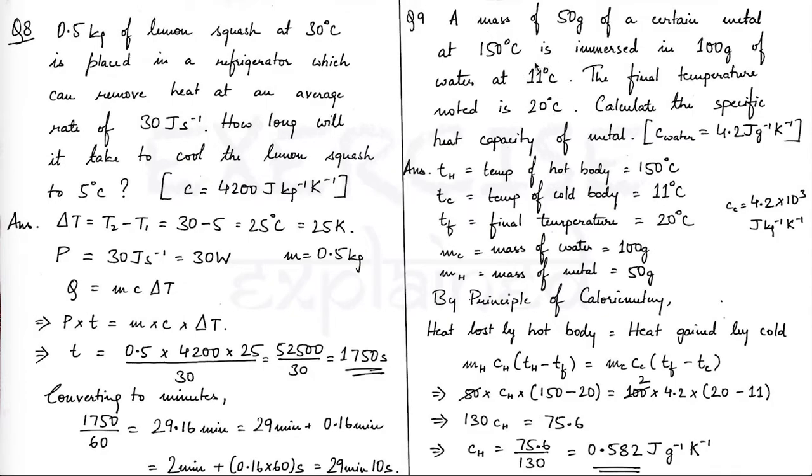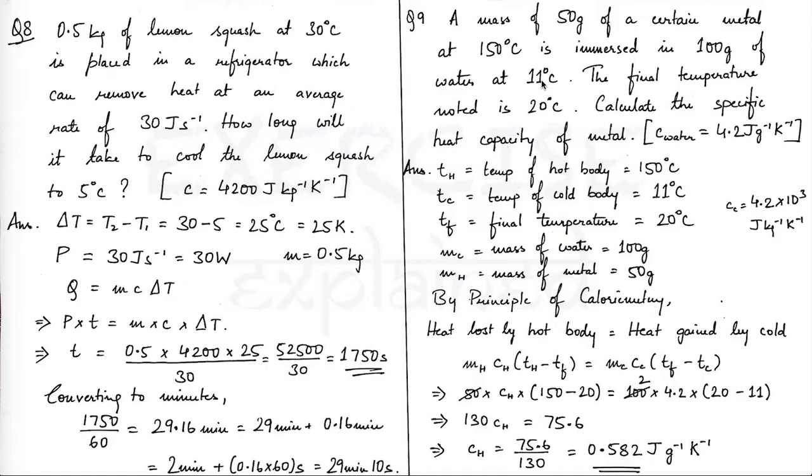When it comes exactly in between the two, for the hot body, the change in temperature will be hot body temperature minus the final temperature, and for the cold body, the change in temperature will be final temperature minus cold body temperature.